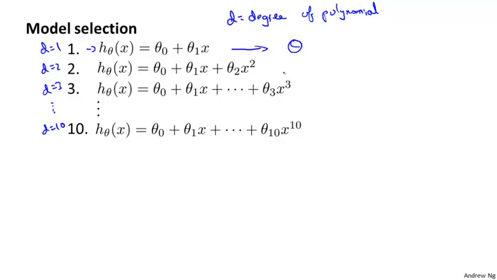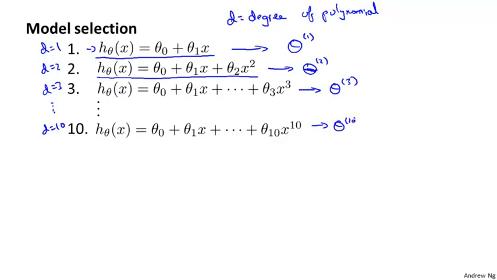And you could then take your second model, the quadratic function, and fit that to your training set, and this will give you some other parameter vector theta. In order to distinguish between these different parameter vectors, I'm going to use a superscript 1, superscript 2, where theta superscript 1 just means the parameters I get by fitting this model to my training data, and theta superscript 2 just means the parameters I get by fitting this quadratic function to my training data, and so on. And by fitting a cubic model, I get parameters theta 3 up to, say, theta 10.